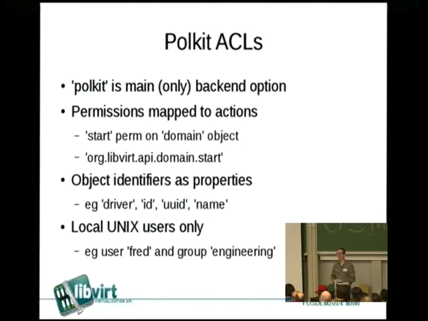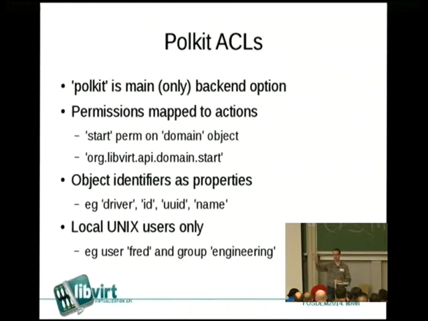So the first and currently only access control mechanism we have is based on PolicyKit. Every Libvirt API has one or more permissions associated with it. When you go to the API documentation, it'll tell you exactly what permissions are required for which API.